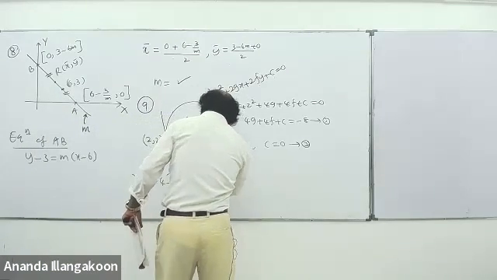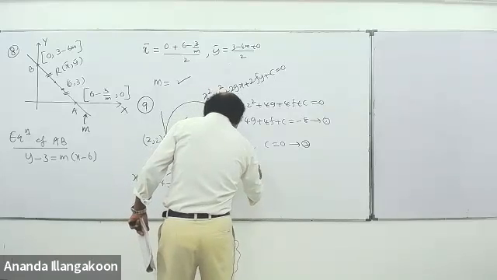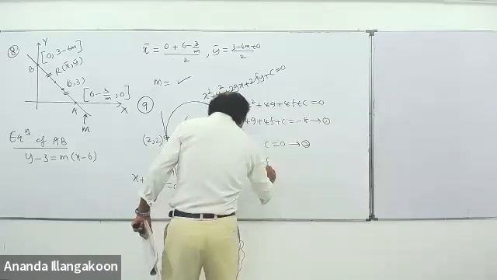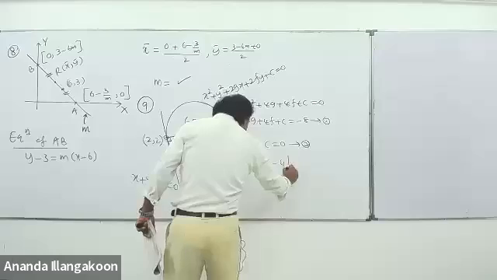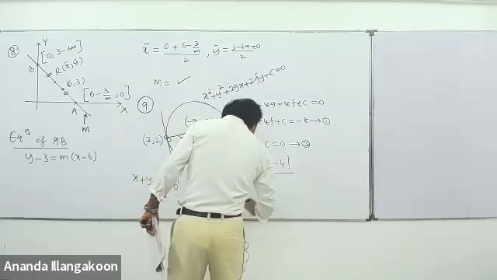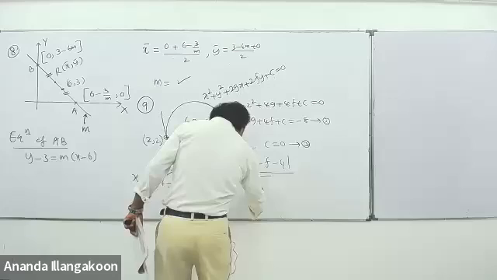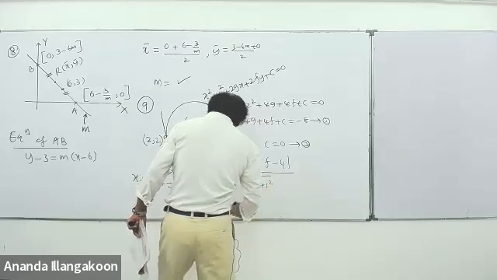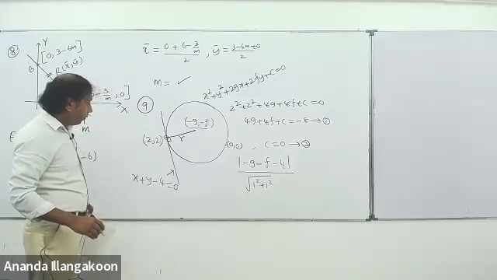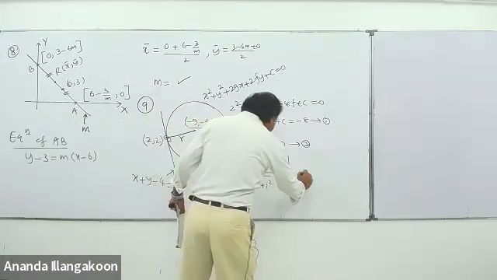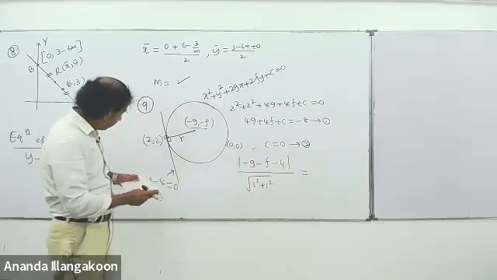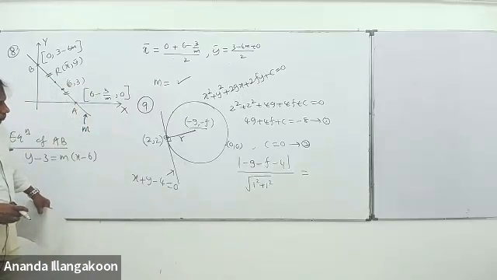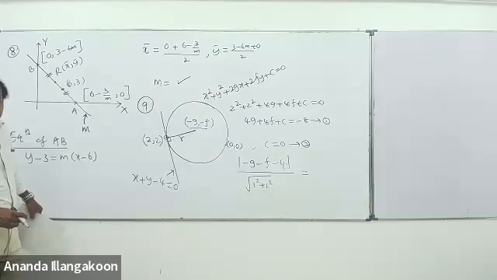So substitute -g for x, substitute -f for y: |-g - f - 4|, divided by the square root of 1 squared plus 1 squared. That should be equal to what?